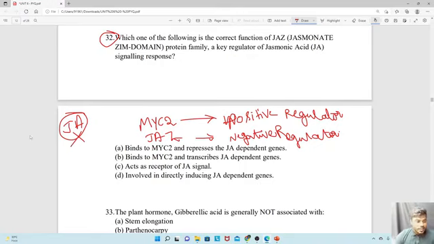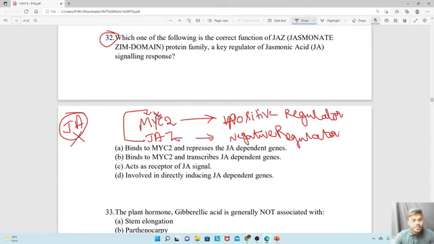What happens when the jasmonic acid is not there? Do you think the jasmonic acid response can be shown? No, there is no way the jasmonic acid response can be shown. Now friends, JAZ protein, in the absence of jasmonic acid, gets activated. It is a negative regulator and suppresses the positive regulator.